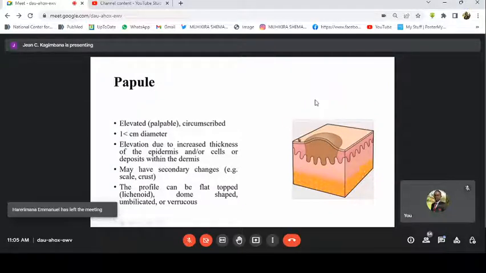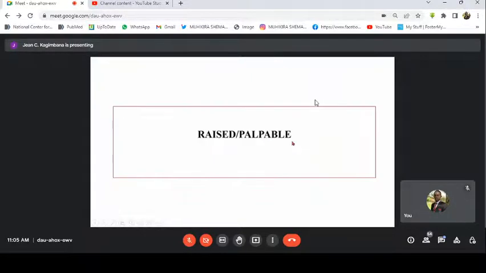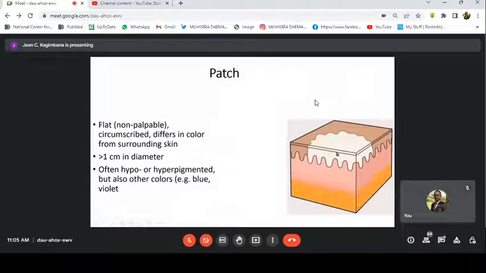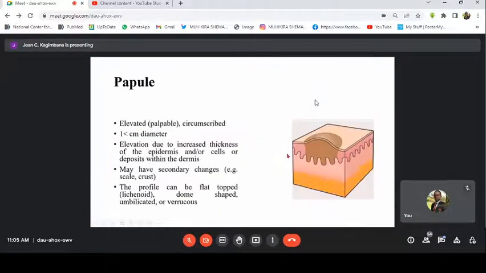But remember, the upper layer you see here is elevated, while in a patch it's straight. You see? This is a papule, located at the epidermis, elevated, less than 1 centimeter.